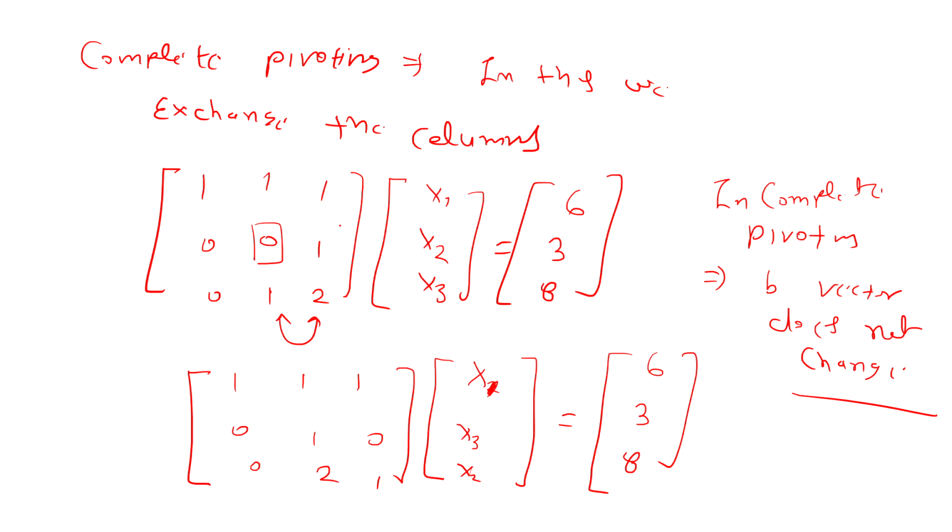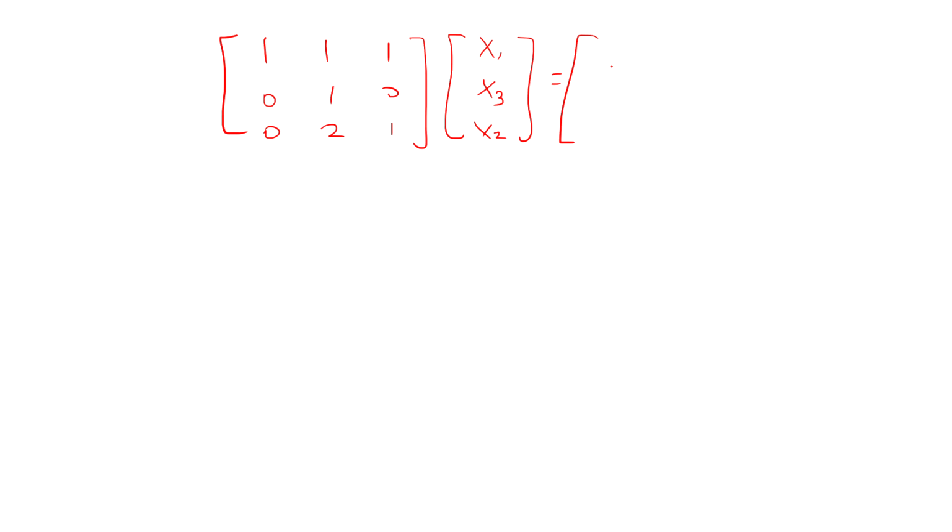So what we have essentially is 1 1 1, 0 1 0, 0 2 1, and that is x1 x3 x2 is equal to 6 3 8. So what we are doing, r3 is equal to r3 minus r2 times a32 upon a22.